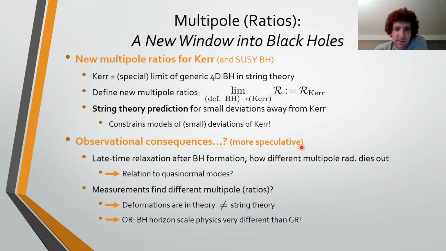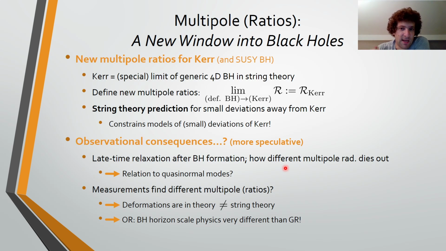Now, a little more speculative, we can think about what the observational consequences of this might be. And so one thing is you might think that the late time relaxation after a black hole forms is governed by these multipole ratios. So in particular, you might think that a black hole may form and then there's going to be some multipole radiation until it asymptotes to the Kerr stationary black hole. And the way that these multipole radiation dies out at late times then has to be related to each other.